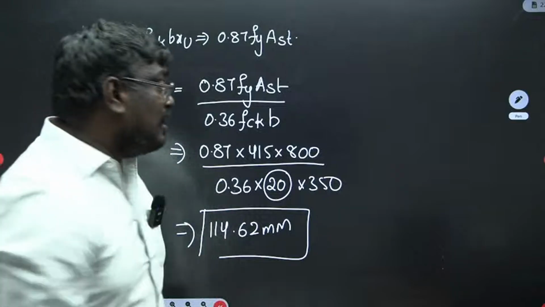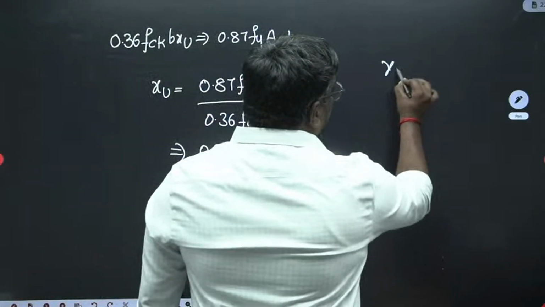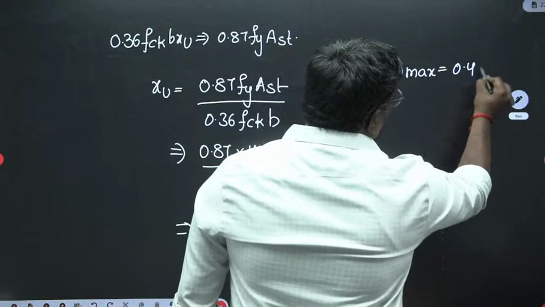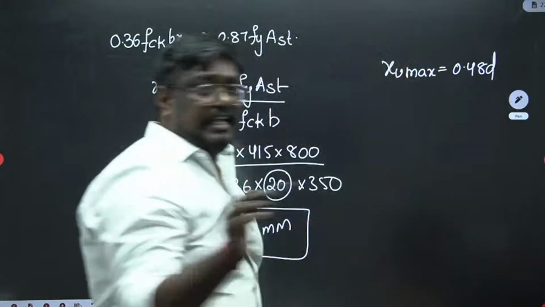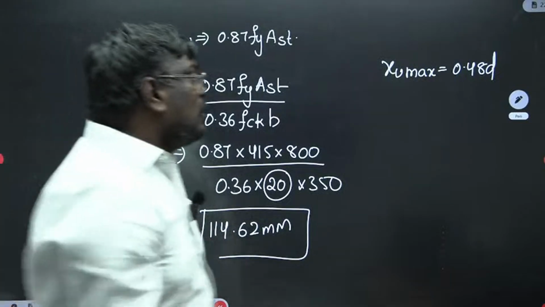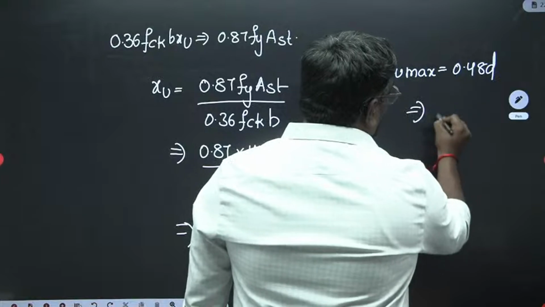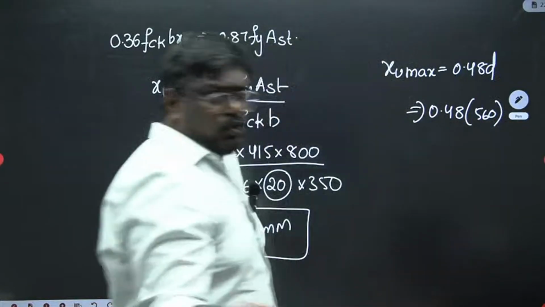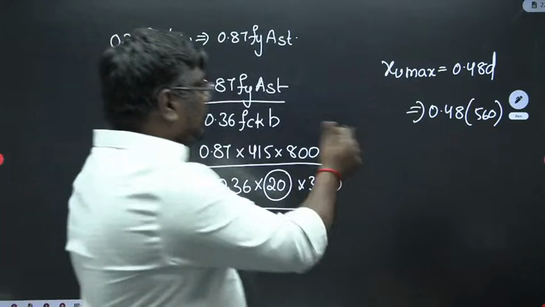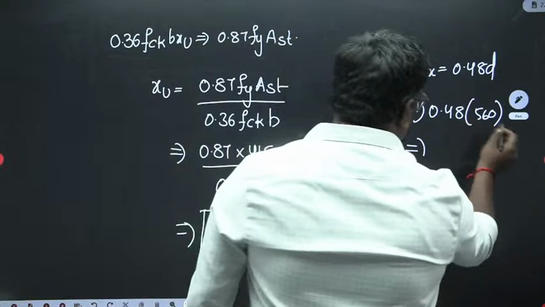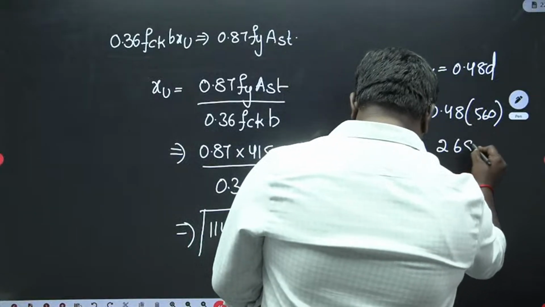So here you have to check xu max is equal to what, sir? xu max is equal to 0.48 d. Because see students, if you don't check this, you cannot understand whether it is under reinforced or over reinforced. So 0.48 into 560 mm. 560 divided by 2 is 280. 280 minus 11.2, so you will get 0.48 d as 268.8 mm.